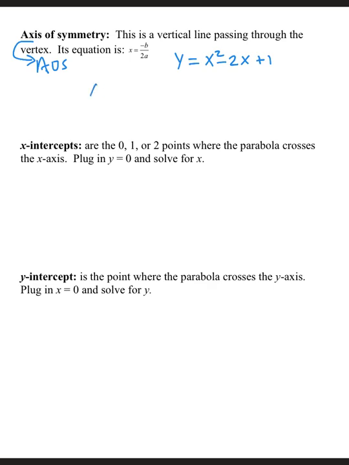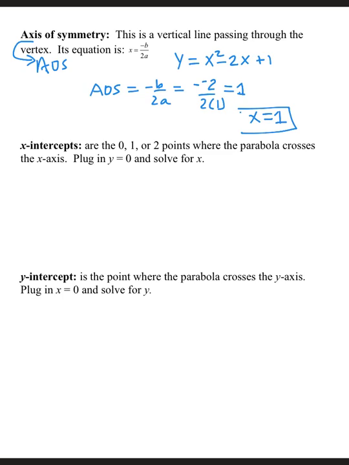So the axis of symmetry is going to be minus b over 2a, which equals minus negative 2 over 2 times 1, which is going to be positive 1. So the equation is x equals 1.